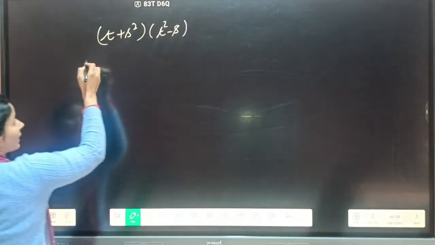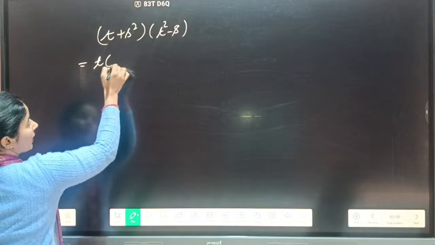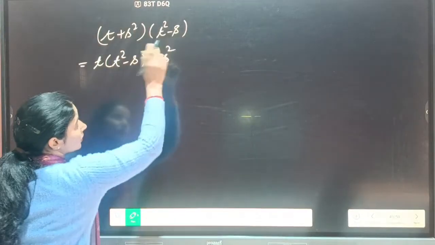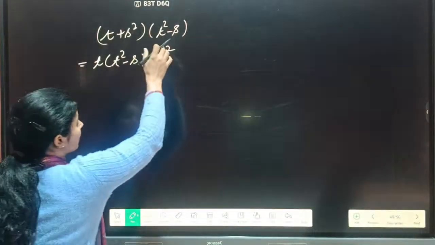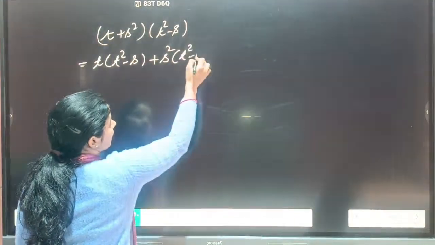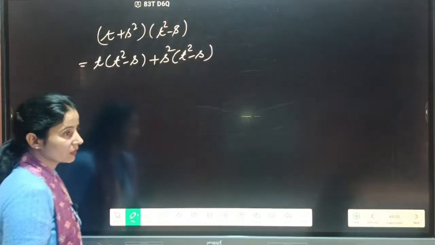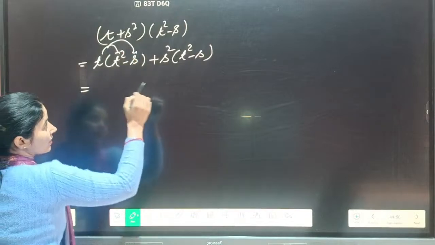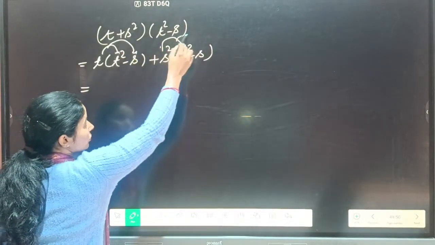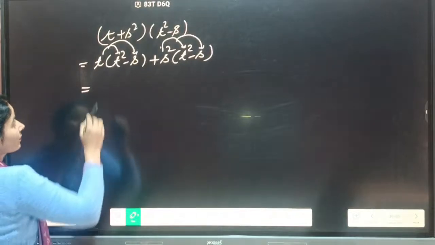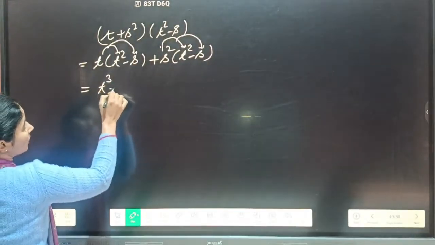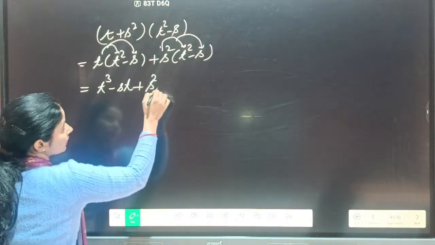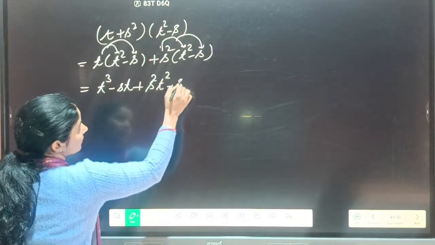You have to multiply this t with second binomial, t² − s, plus this s² you have to multiply with this binomial, t² − s. Further, this t I will multiply with the t², then with s. Similarly, this s² with the t² and then with the s. It will be t³ − st + s²t² − s³.